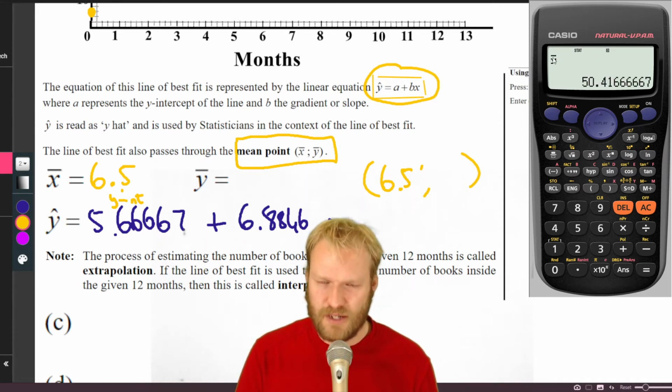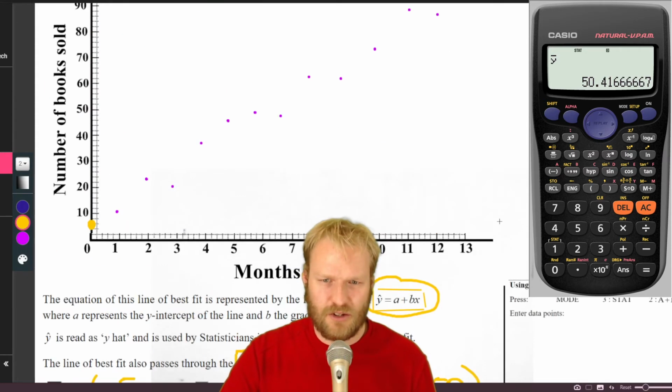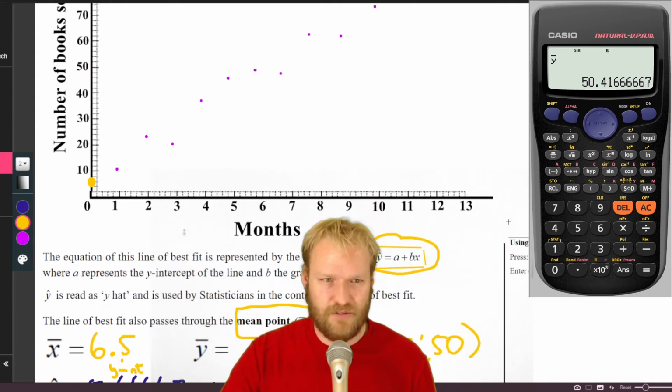And our y mean value is 50, 42. I'm just going to go 50. So 6.5 and 50 is around about there.